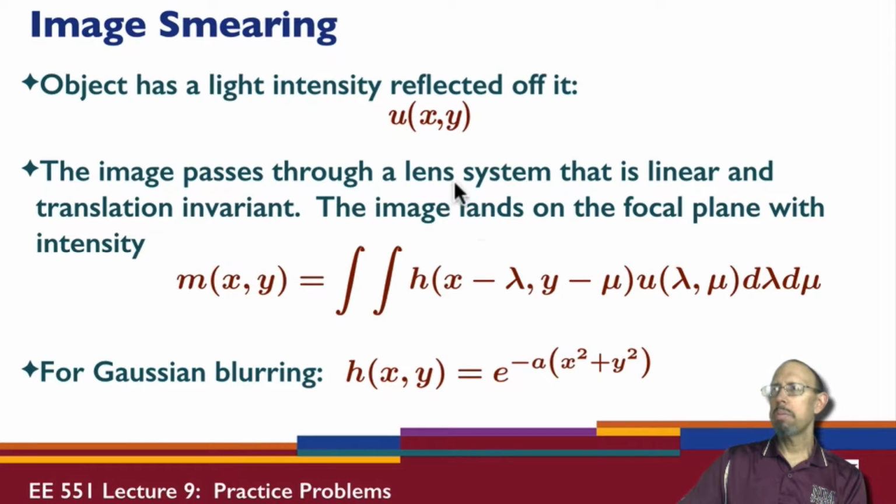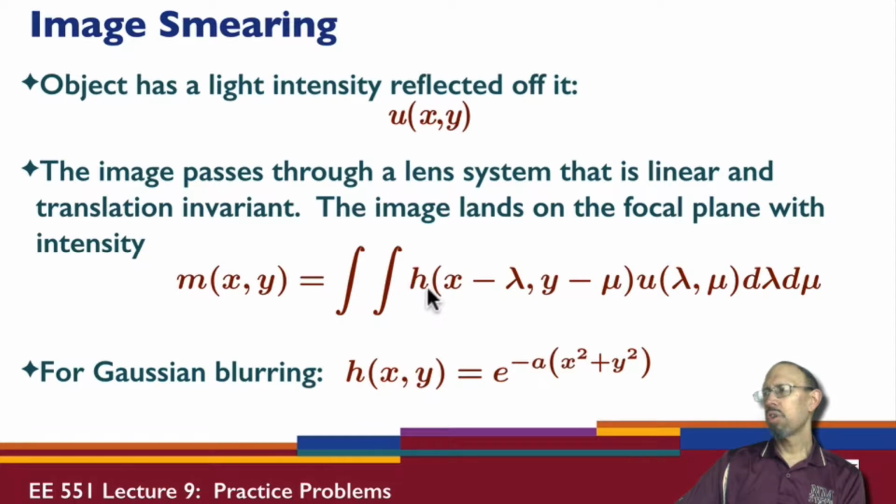I can talk about image smearing. An object has light intensity reflected off of it, U, in terms of X and Y, so 2 dimensions. So this is on a plane. This image passes through a lens system that is linear and translation invariant. Translation invariant in physical space is very similar to time invariance in time space. The image lands on a focal plane with this intensity.